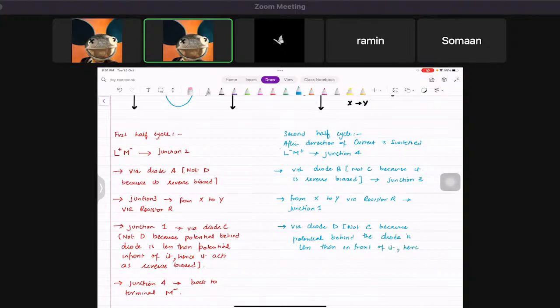Hence, it acts as reverse biased, like that. Okay.